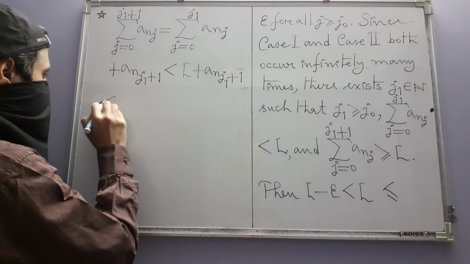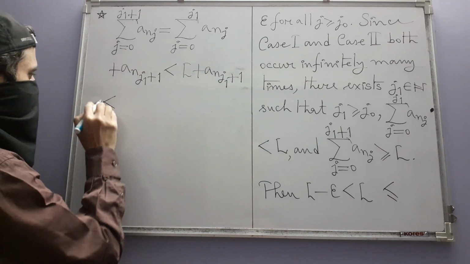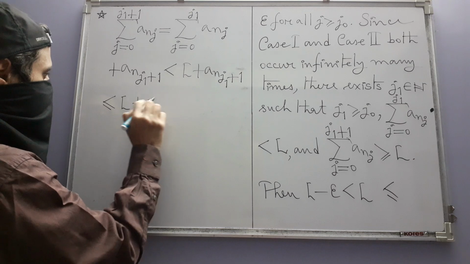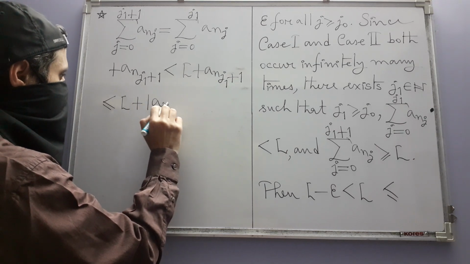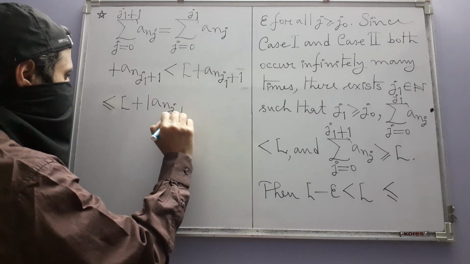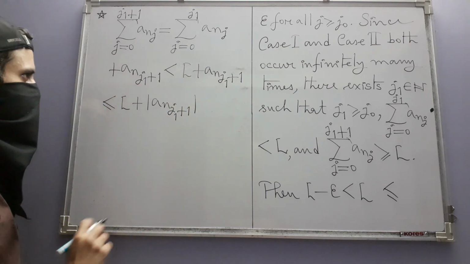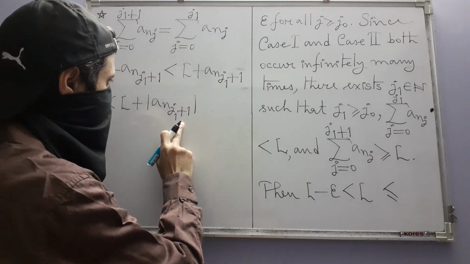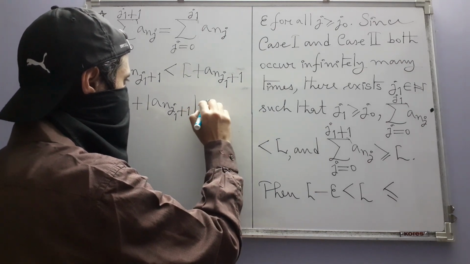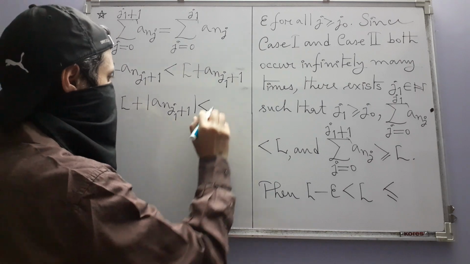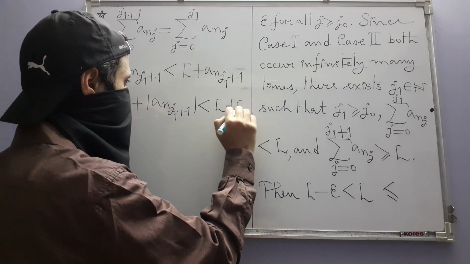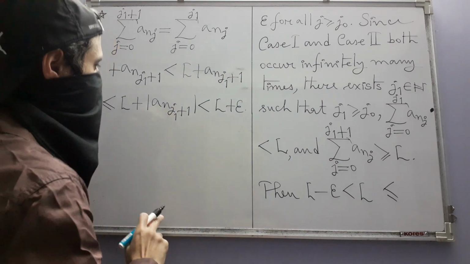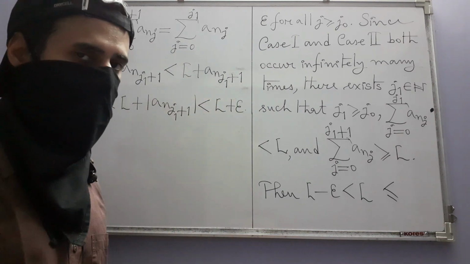And then what else can I write? So this term is less than or equal to L plus this, because any real number is less than or equal to its absolute value. However, this absolute value itself is less than epsilon. But where are we getting this from, that this absolute value is less than epsilon?